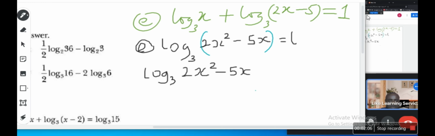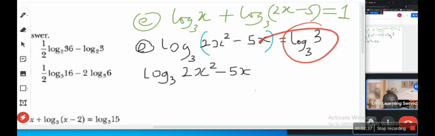You want to rewrite 1 so that it will be the same thing as log in base 3. I think what you're trying to say is log 3 in base 3, is it not? Because log 3 in base 3 is the same thing as 1.